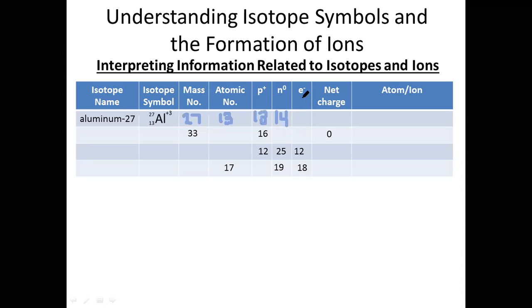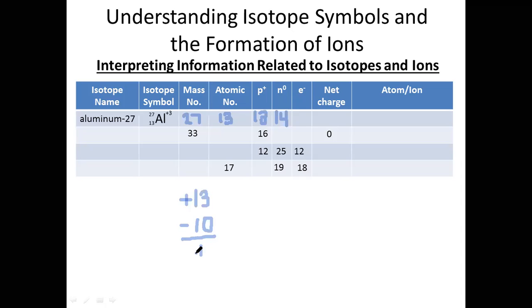Now we want to figure out the number of electrons. Well, the number of electrons is revealed by the net charge. Look, it says +3. That means there's 3 more positives than there are negatives. So if we know there's 13 protons, which are our positives, there have to be 3 more positives than negatives. Our electrons are our negatives, and there will have to be 3 less of those.